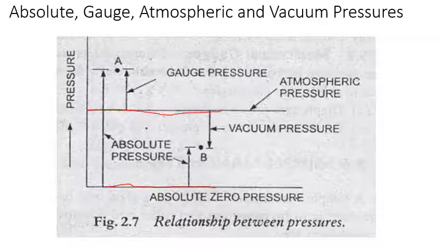And this horizontal line indicates the atmospheric pressure. The pressure can be measured by taking either this absolute zero pressure as a reference or atmospheric pressure as a reference. In case atmospheric pressure is taken as the reference, then the pressure above the atmospheric pressure is called gauge pressure, and the pressure below the atmospheric pressure is called vacuum pressure.